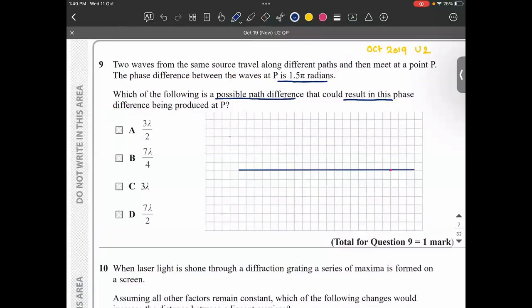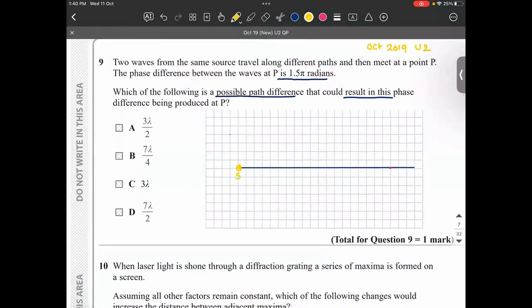So to get clarity, I would like to draw these two waves. So I just inserted one grid. Okay, so this is the point from which the waves are starting. So this is called the source.